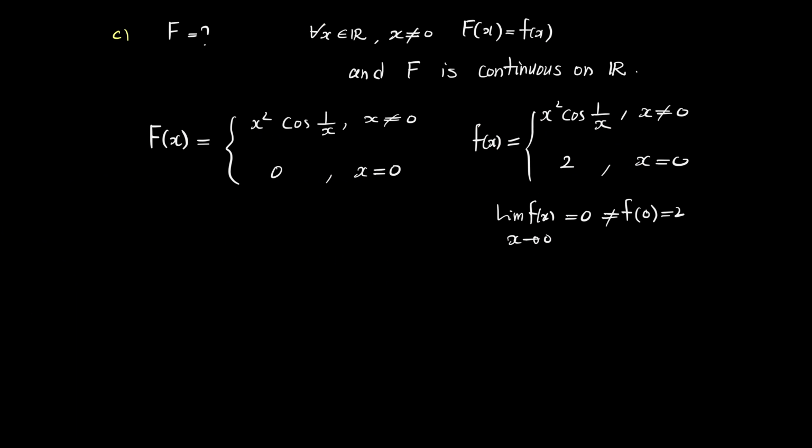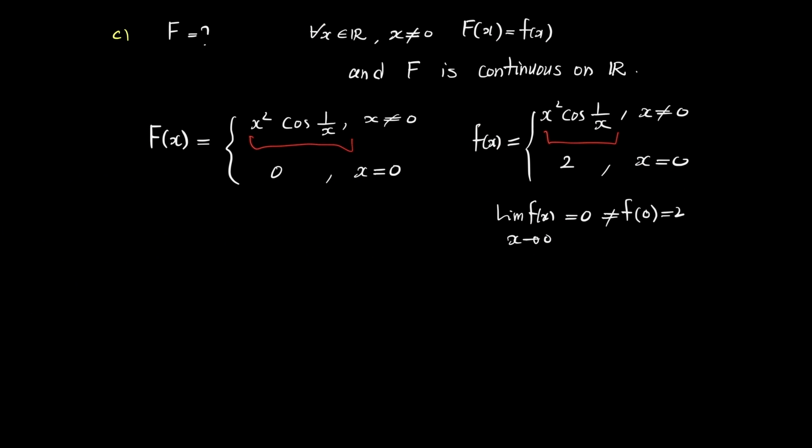Okay, but in the definition of the capital F, I have defined this part exactly as it is here, but instead of defining it to be 2 when x equals 0 as here, I defined it to be 0 at x equals 0. First of all, I hope you can see that the function capital F matches the function f of x for every x which is not 0, because if x is not 0, both follow the same rule, so the values are also the same.